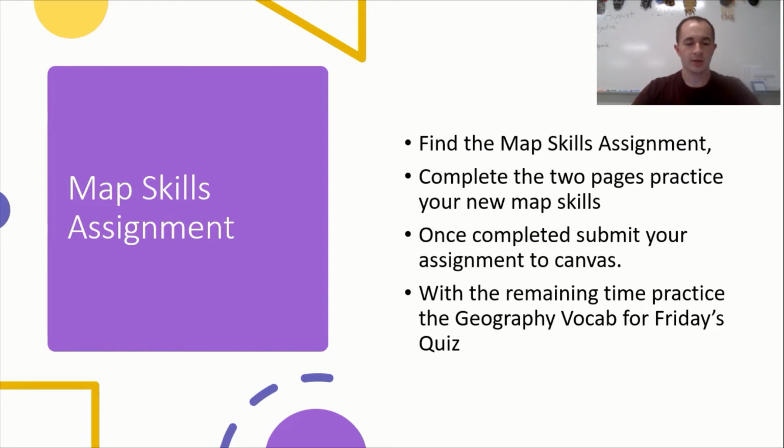So page 1 is all about map keys, and then page 2 is about latitude and longitude. So we need to test our knowledge of maps from last week's vocab by completing this 2-page assignment. Like I said, page 1 is about using a map key, and page 2 is about using latitude and longitude to find locations in the United States.